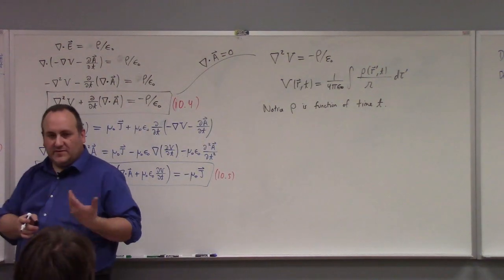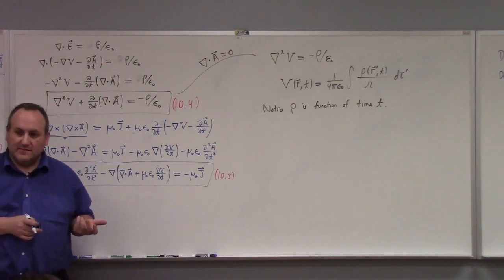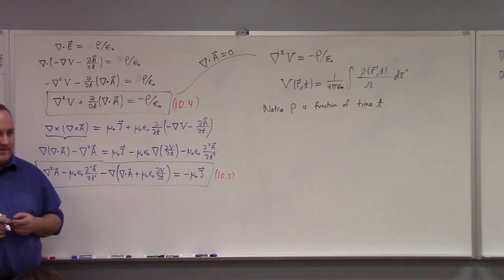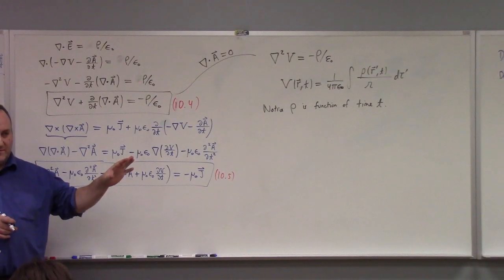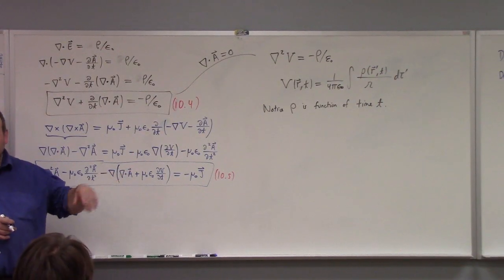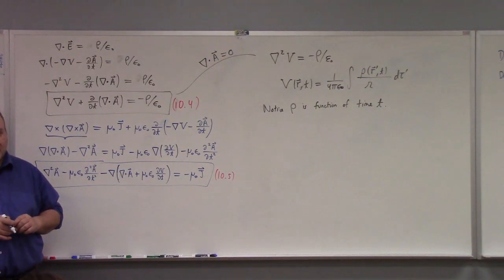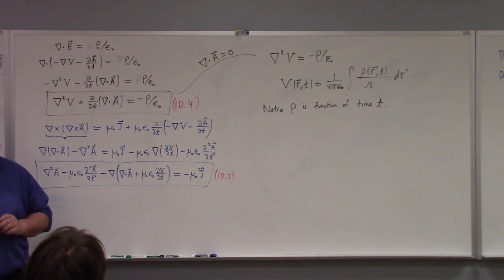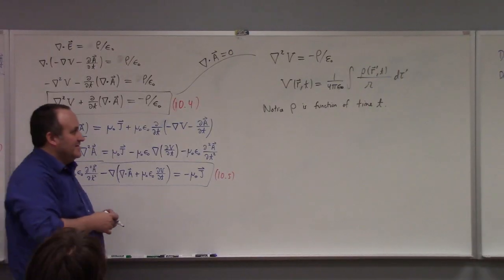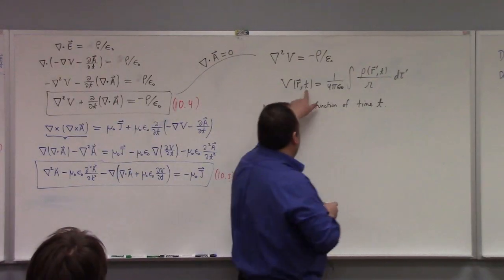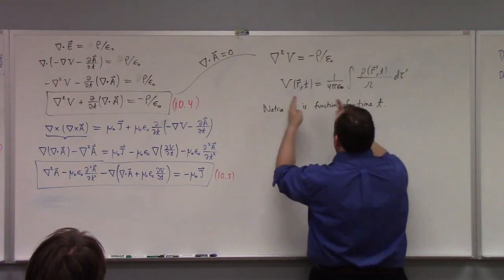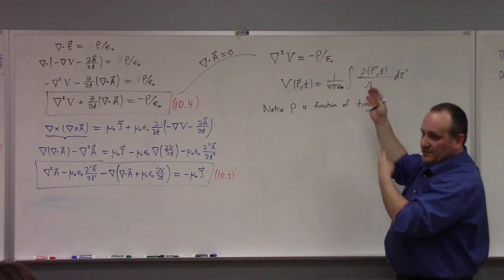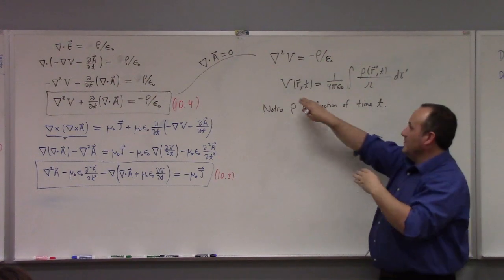I'm saying that the voltage changes at some point over on Alpha Centauri as a result of the charge changing here, with no time delay. So that's a little bit disturbing, right? Because the time here and the time here are coincident, and there's no delay for this changing, making that change, right?